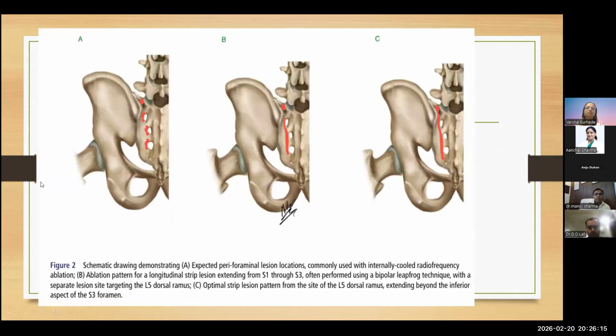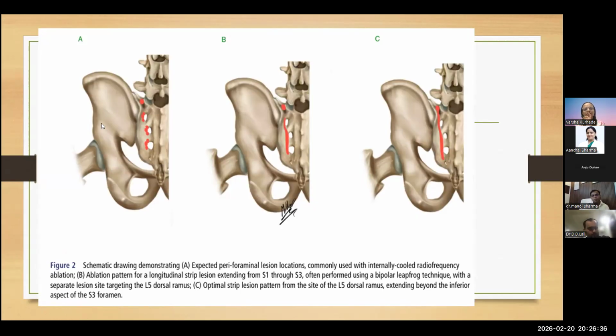This diagram shows the technique to use RFA, radiofrequency ablation. We found that the S1, S2, S3 branches, the posterior sacral network, are more important for doing the RFA.